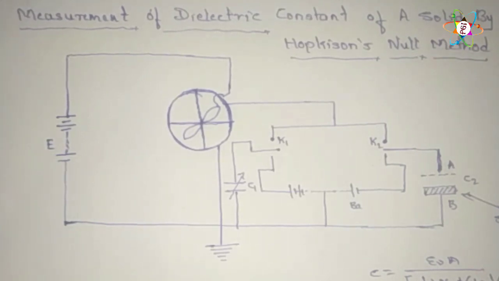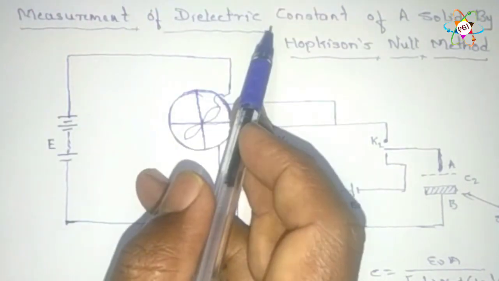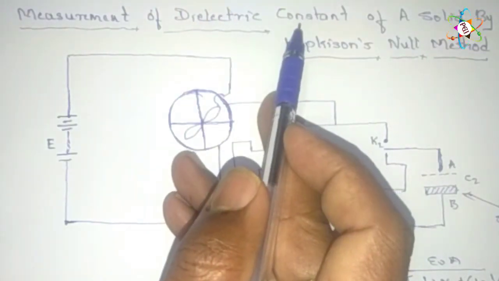In this video, we explain the measurement of the dielectric constant of a solid by Hopkinson's null method. We know the dielectric constant already.